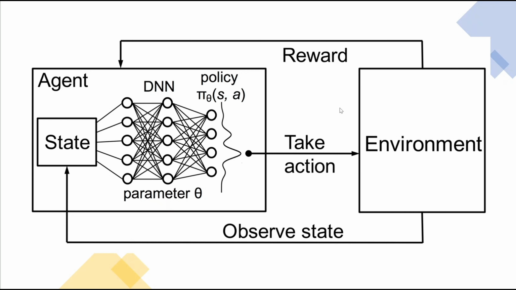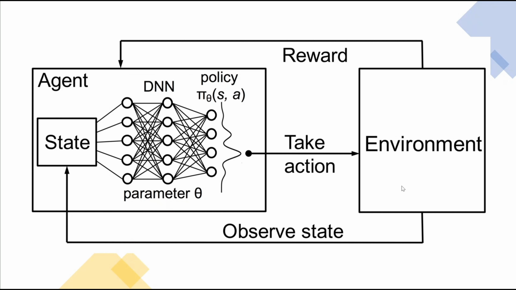So anyway, the agent chooses an action according to its policy based on the observed current state, and this action brings the environment to the next state. And this effect brings the agent a reward.